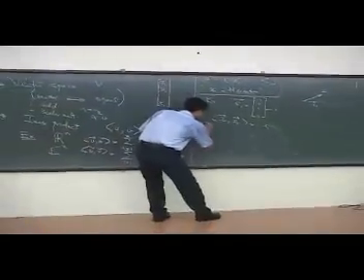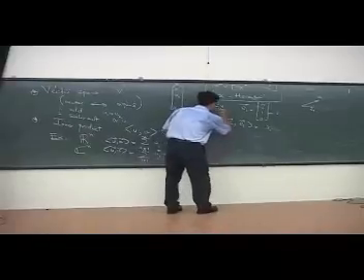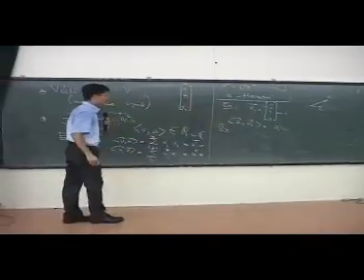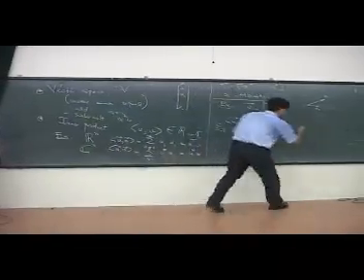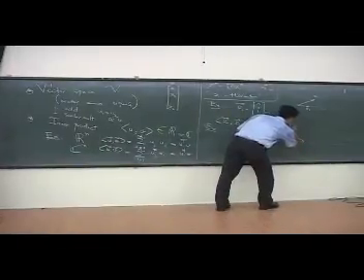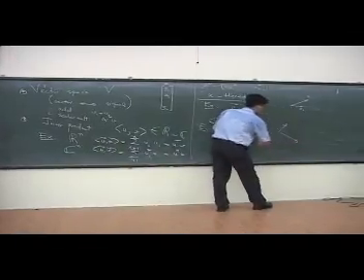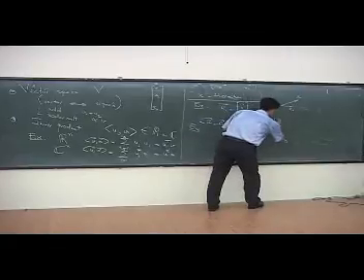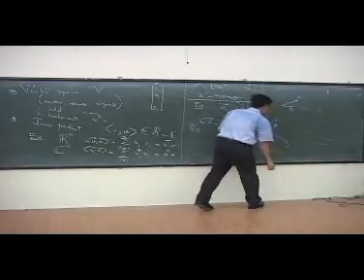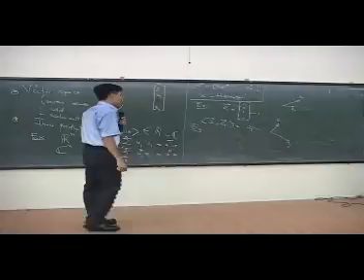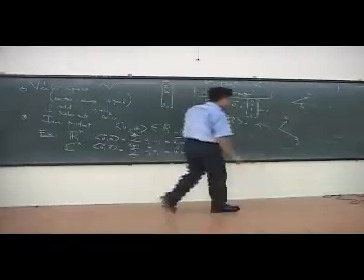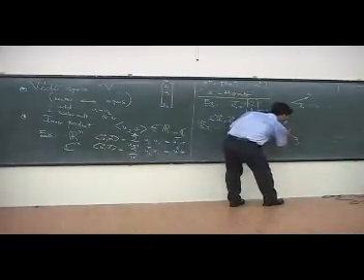Another example here, and maybe I can let you think about this. You can show easily, if I have two general vectors here, let me call them x and y, and I know that the angle between x and y is alpha.